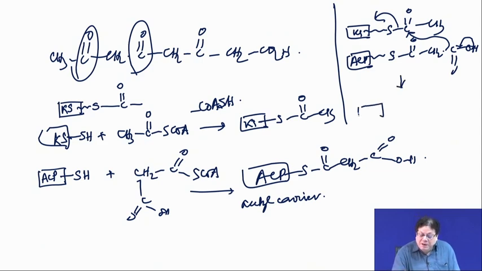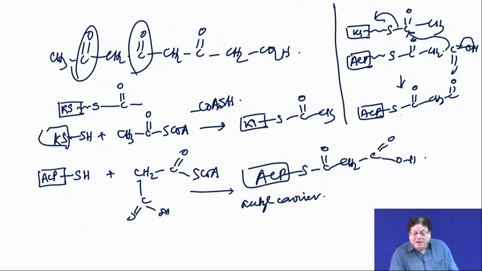The ACP is now holding the whole thing, the acetoacetyl ACP, because CoA has already left. Okay. CO CH3, this is the compound. So, CH3CO, then CH2, then CO S ACP.